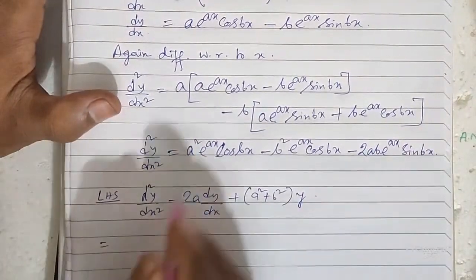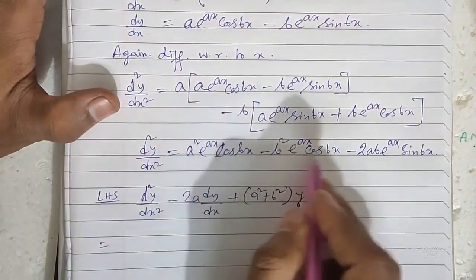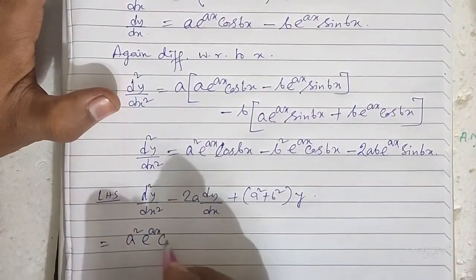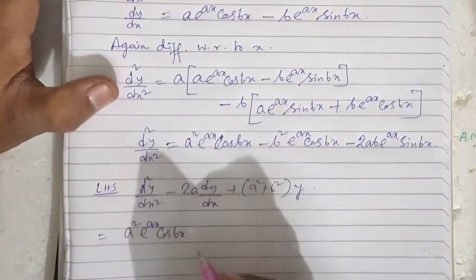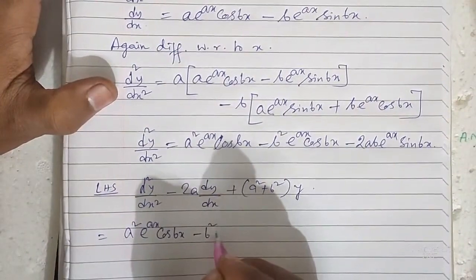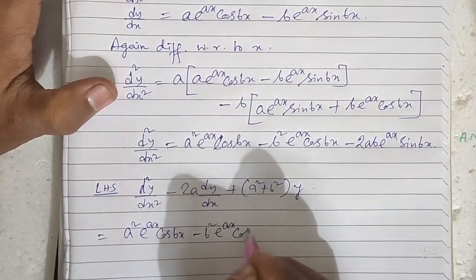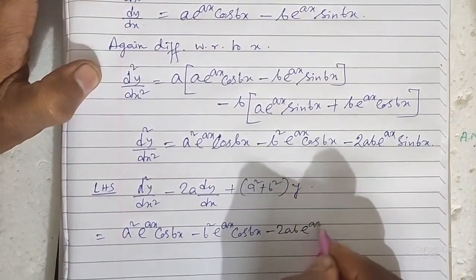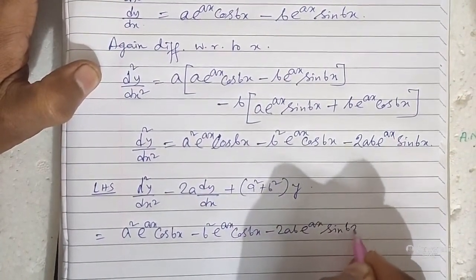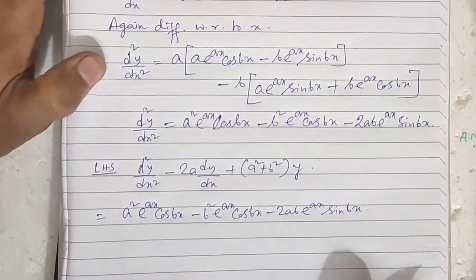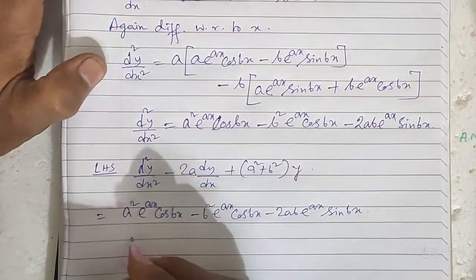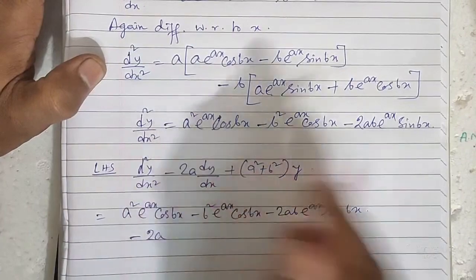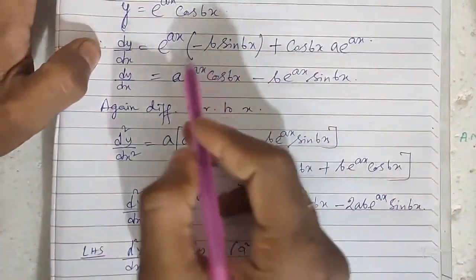So this equals a square e to the power ax cos bx minus b square e to the power ax cos bx minus 2ab e to the power ax sin bx. This is the value of d2y by dx2, minus 2a into dy by dx. This is the value of dy by dx.